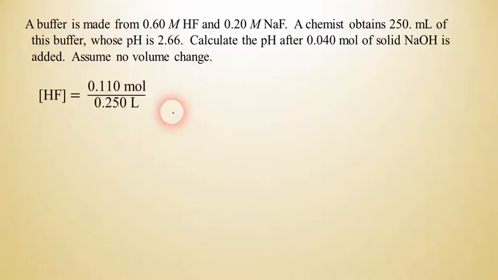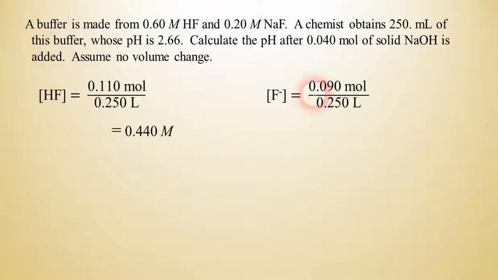It's 0.11 moles divided by the volume, which we said was 0.250 liters, which gives us a molarity of 0.440 molar. We do the same thing for the fluoride concentration. We said it was 0.09 moles divided by the total volume, and so that gives us 0.360 molar.